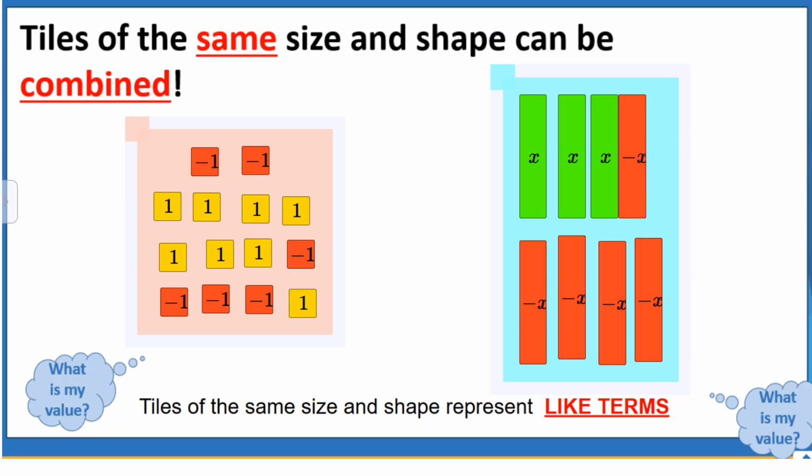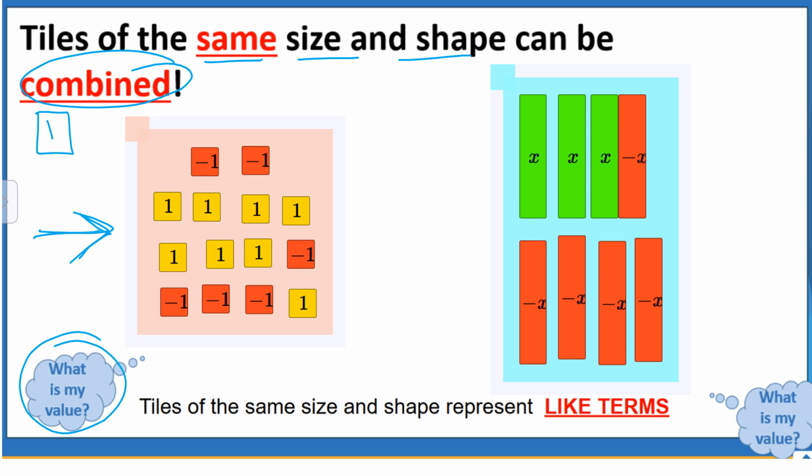If we look at this example, tiles that are the same size and the same shape can be brought together. For example, on the left, we can bring all those tiles together and combine them to find the value of what's being represented here. We want to remember how to use zero pairs to find those values, because a positive and a negative of the same number, when combined, equals 0.